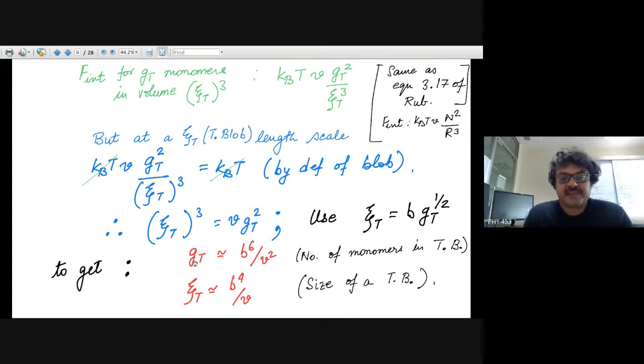And then what we have is g t depends upon b cube, which was the bond length, if you remember, b to the power 6 upon v square, excluded volume parameter, right?